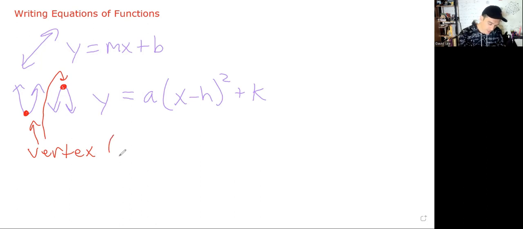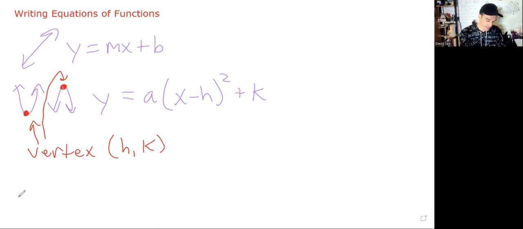And the vertex coordinates are (h, k). So if you have a parabola, this is the equation you can go to. And the vertex, whether the parabola opens up or down, the coordinates of that point go in for h and k.